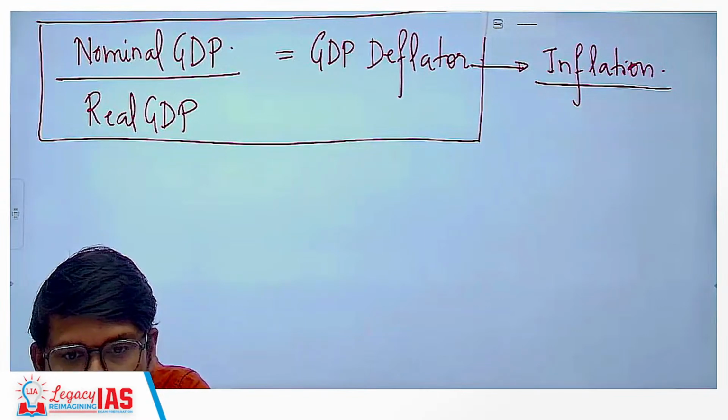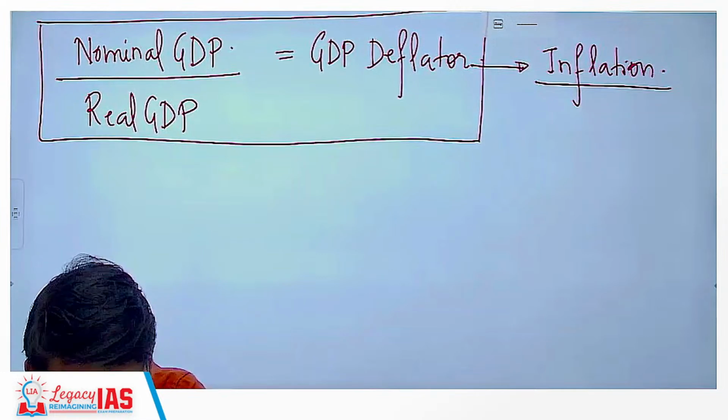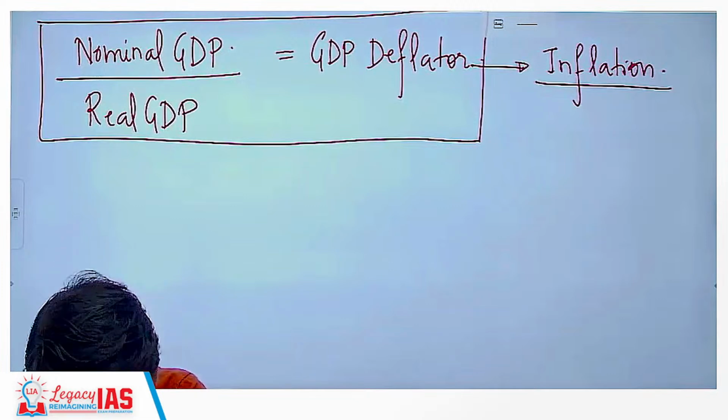ठीक है, अब एनडीपी भी लिख दीजिए, नेट डोमेस्टिक प्रोडक्ट. NDP, net domestic product.